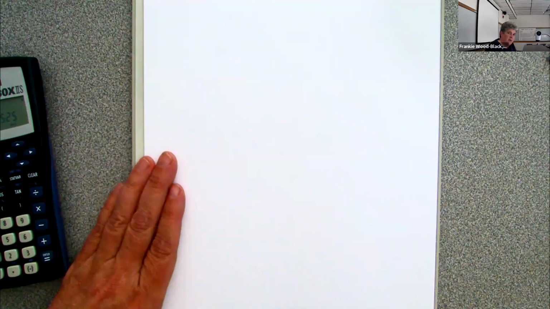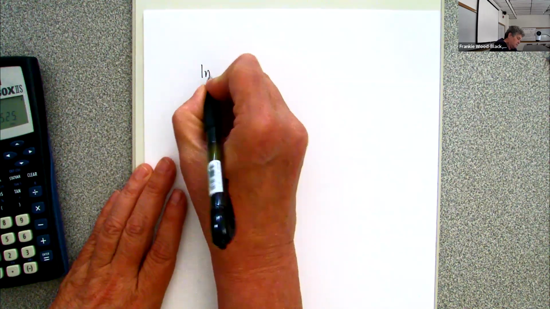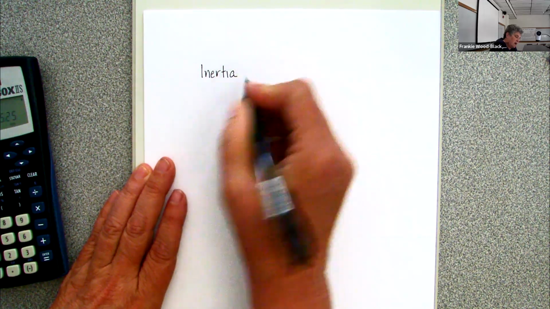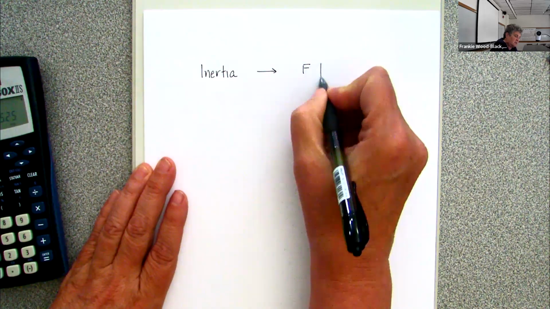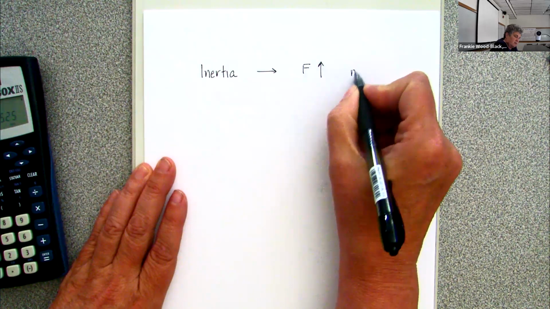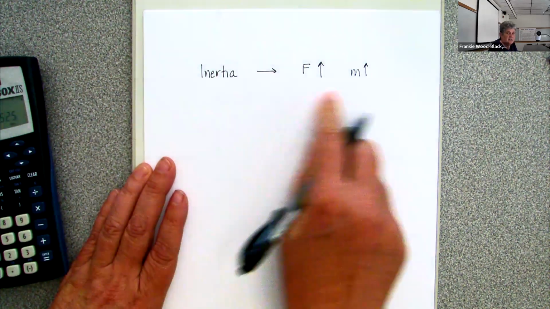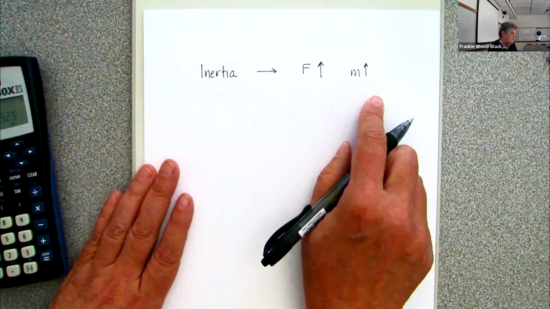So what we've talked about so far is we've dealt with inertia. And that's our idea that it requires more force. Force has to increase if my mass increases. So in order to get this to move, my force has to increase if my mass increases.